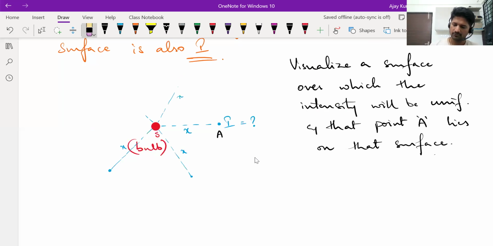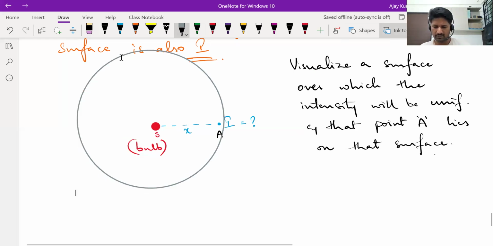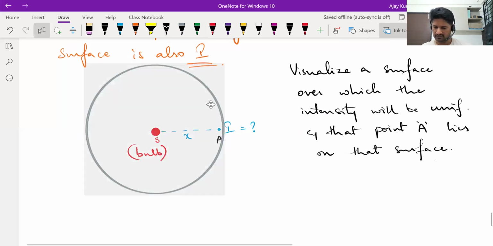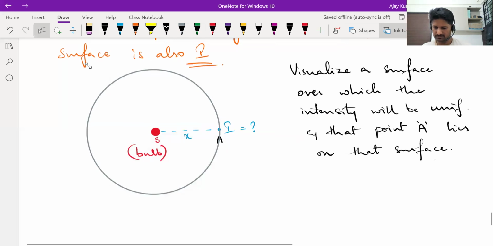So if you consider a sphere around this point source, a sphere of radius x itself, where x is the distance where you're asked to find out the intensity, and the center of the sphere is on the point source, then the brightness of the bulb when you see from any point on that sphere will be the same.